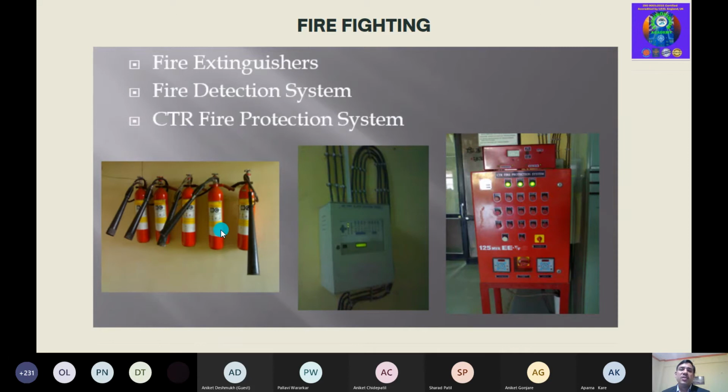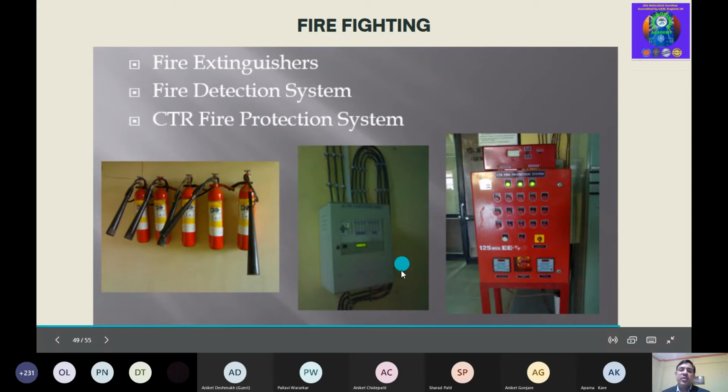You cannot use water there, otherwise there may be a problem for the person handling the firefighting equipment. So for that you have to use CO2. If it is a cable fire, then you can go for DCP, dry chemical powder, and so on. So as per the application, you should choose the fire extinguisher.